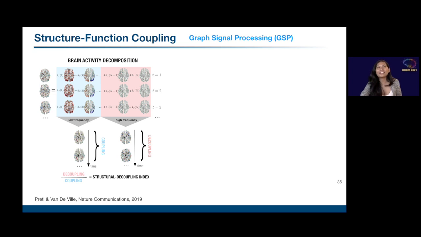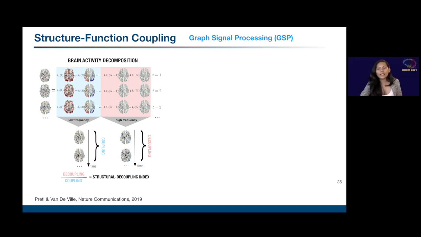They considered the low frequency components as the ones that are most coupled or more aligned with structure, versus the high frequency components that are less aligned with the underlying structure.